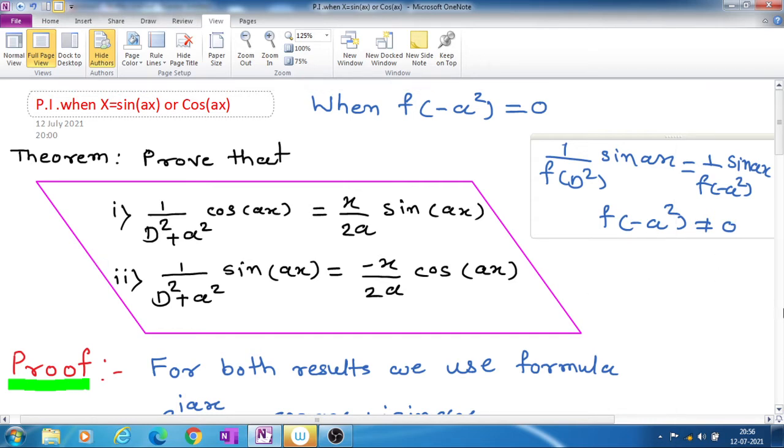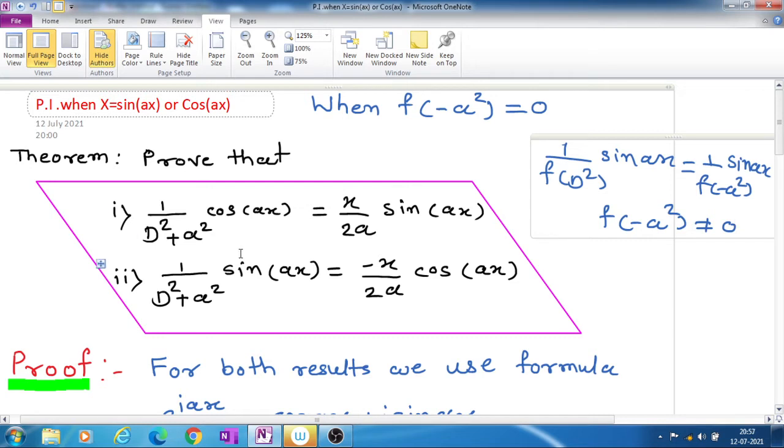So for that we have to prove these two formulae. 1 upon D square plus a square operating on cos ax is equal to, here you see, when we put D square equal to minus a square, because cos ax is here and here is D square, when we substitute minus a square, this becomes 0.